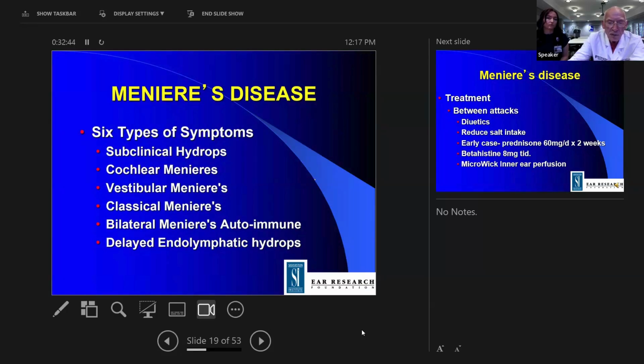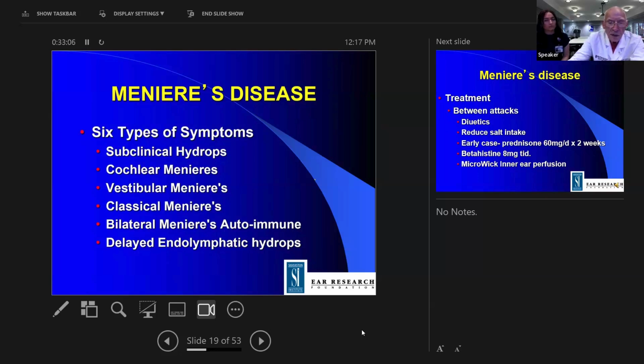Patients usually have pressure and fullness in the ear and tinnitus, ringing in the ear. And then vestibular Meniere's disease is a condition where the patient has the spinning spells of vertigo, but they do not have a hearing loss, and they get recurrent spells of vertigo from time to time.